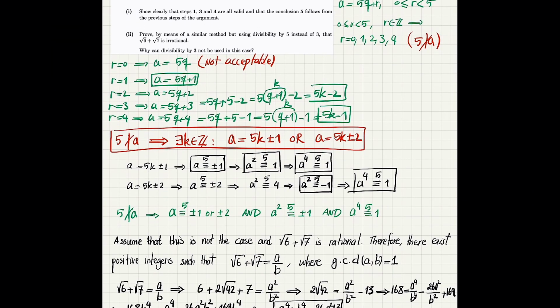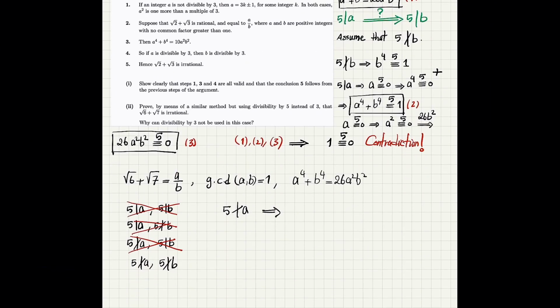So you see, if A is not a multiple of 5, then A squared is congruent to plus or minus 1, and A to the 4 is only congruent to 1. Okay, let me write them here for you. So then this means that A squared is congruent to plus or minus 1 modulo 5, and A to the 4 is congruent to 1 modulo 5.